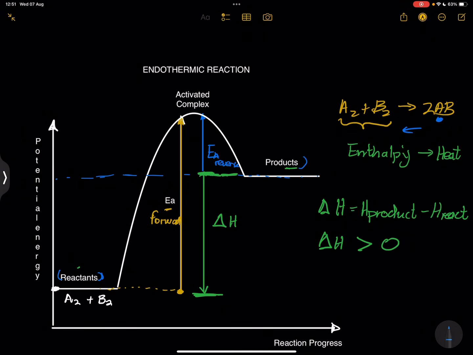So now what happens is that we put in an amount of energy in order for us to break the bonds, right? I want you to note, guys, what happens. This is the complex stage, where the bonds are separating and the new ones are forming.